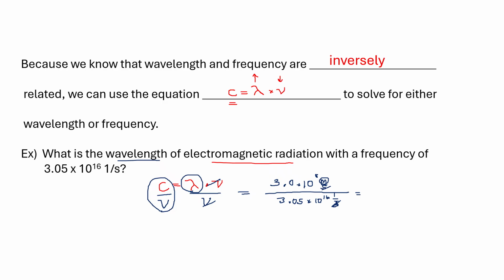So then we just get out a calculator. And I got, let's see, I want 3 sig figs, so I'm going to get 9.84, and this is going to be a very small number, so times 10 to the -9, and that would be meters, right? Because we said seconds would cancel, and so that is an example of finding wavelength from frequency.